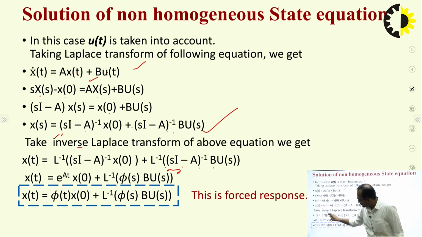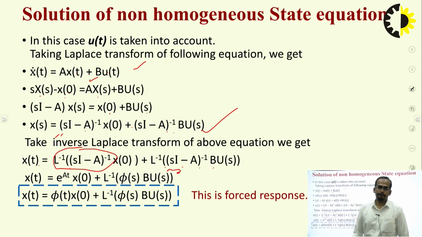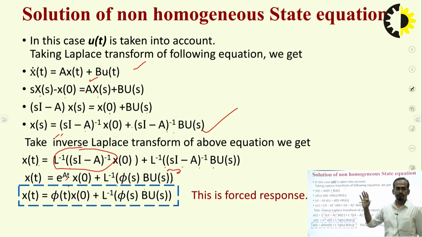This Laplace inverse of (sI minus A) inverse is nothing but the state transition matrix, and it is represented by e power At. So e power At x(0) plus L inverse of phi(s) BU(s). What I am doing is replacing this L inverse of (sI minus A) inverse by phi(t).